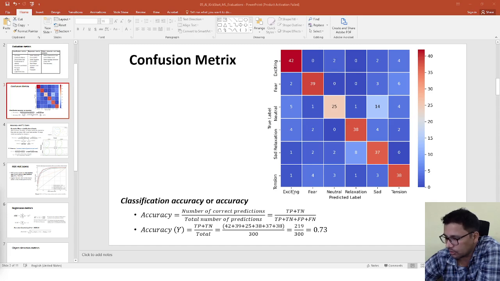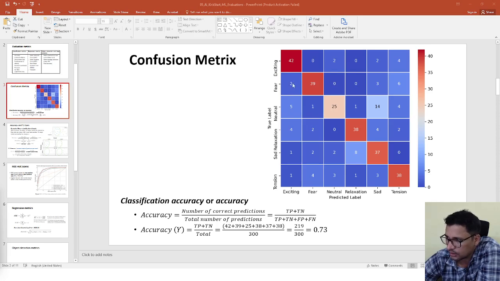For example, in this exciting class, all these values are predicted by the model as exciting, but some values, for example, the two samples here, are actually fear samples, but the model treated them as exciting, right?